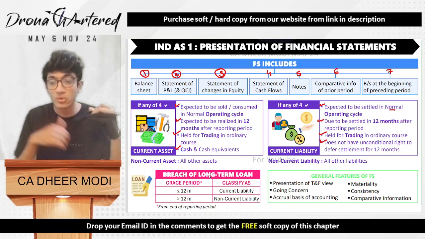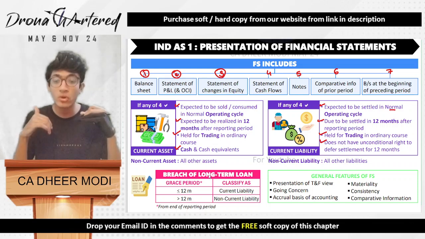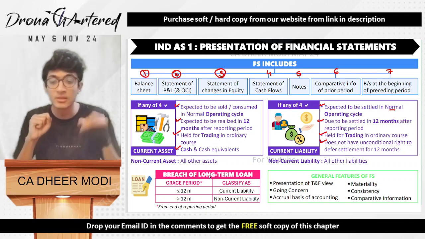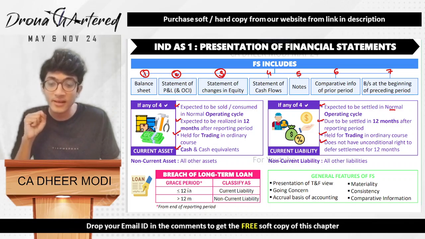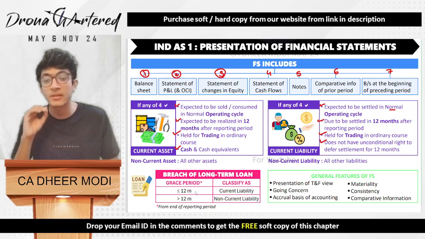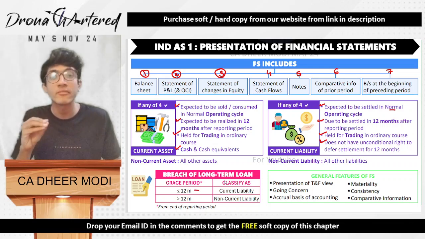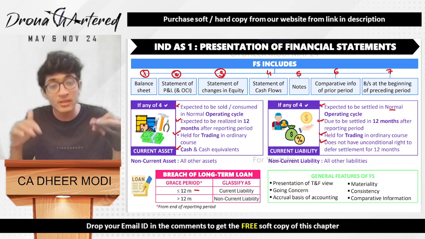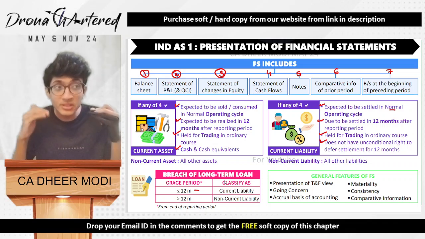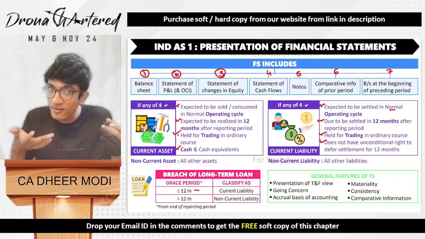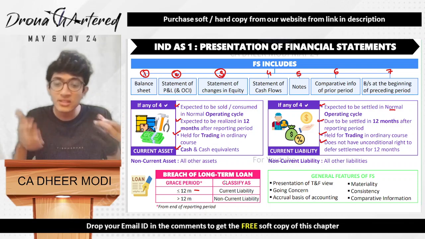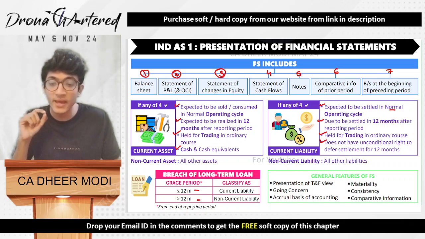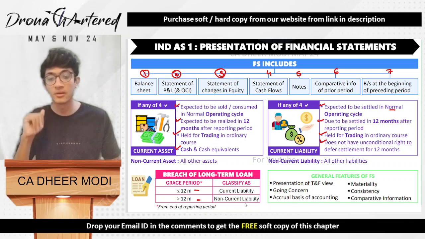Because on the balance sheet date I have already defaulted and they have given me a grace period of only 3 months, which is less than 12 months, it will become a current liability. However, if the grace period is more than 12 months, say 15 months, ask the question: do I have to pay this liability within the next 12 months? The answer is no. Then it becomes your non-current liability. This period is counted from the end of the reporting period.